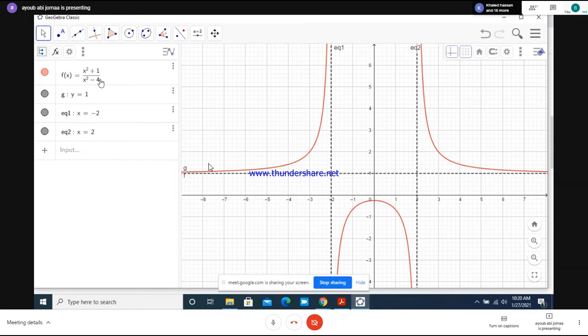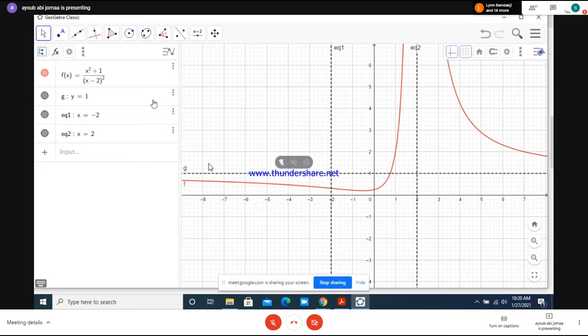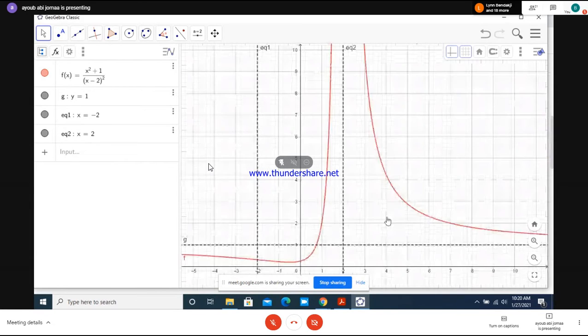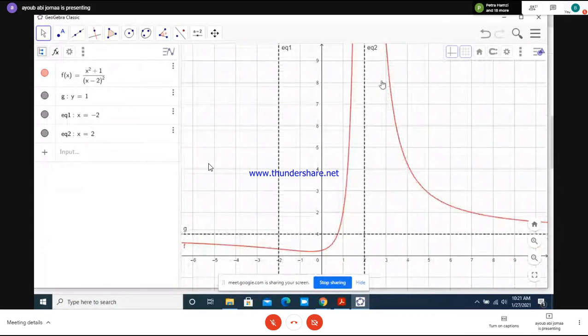A simple example. For this function, both sides limit is positive infinity. 2 minus and 2 plus both are positive infinity. Okay, sometimes.